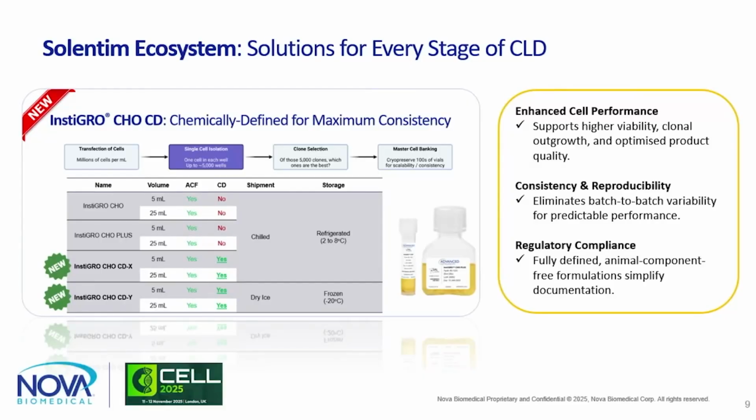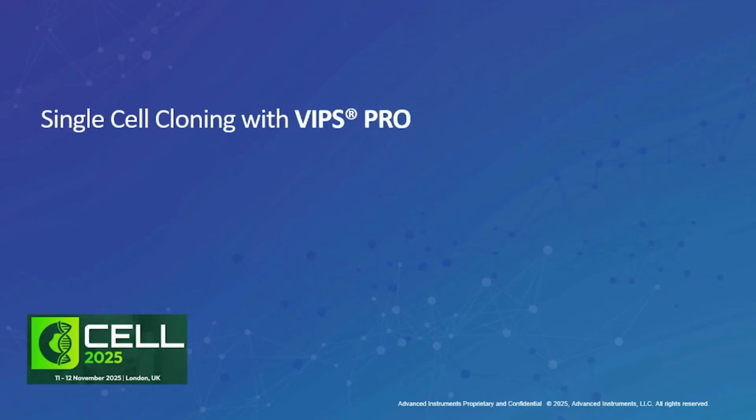This is something that has been requested a lot by our users. These reagents are designed to enhance cell viability and clonal outgrowth, and being chemically defined eliminates any batch-to-batch variability for predictable performance. And they are animal component-free to meet regulatory compliance.